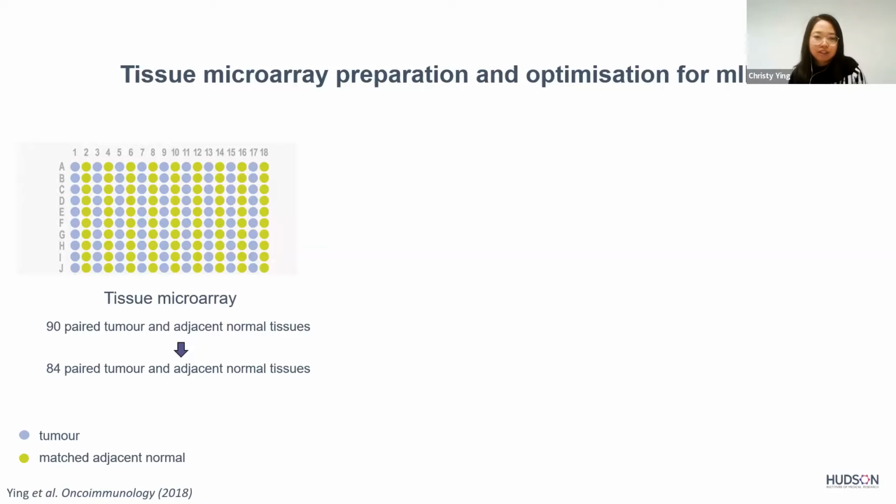So we harvested 90 paired tumor and adjacent normal tissues from gastric adenocarcinoma patients from our collaborator in China. We were able to make a tissue microarray that has those 90 paired tumor and adjacent normal tissues on one slide.